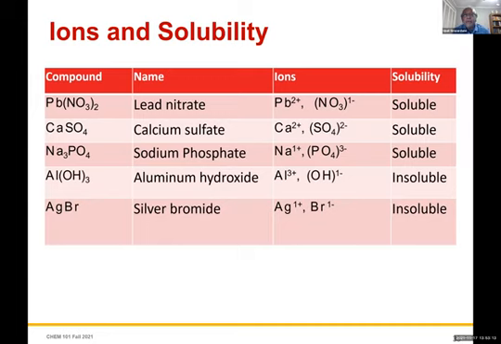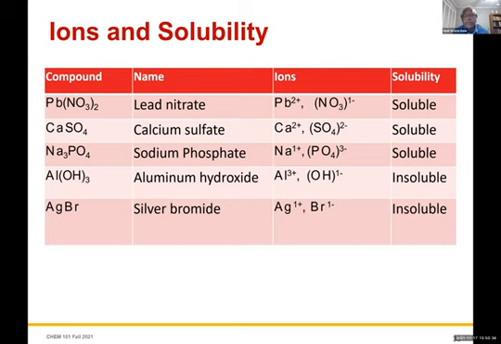When you mix certain combinations of ions, you get salts. Lead nitrate is soluble because nitrates are all soluble. Calcium sulfate is soluble. Sodium phosphate is soluble because sodium is group 1A.